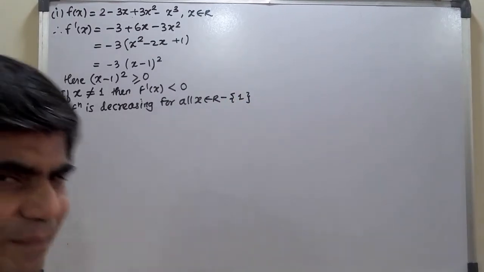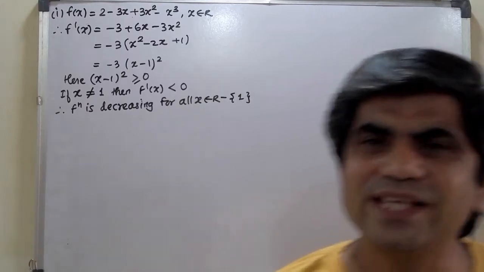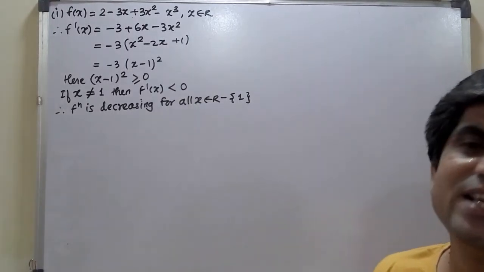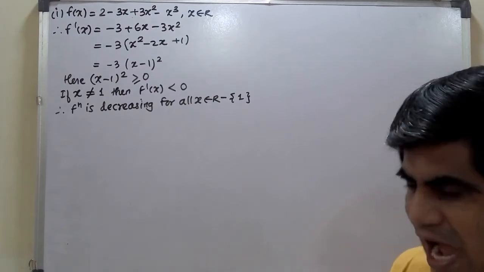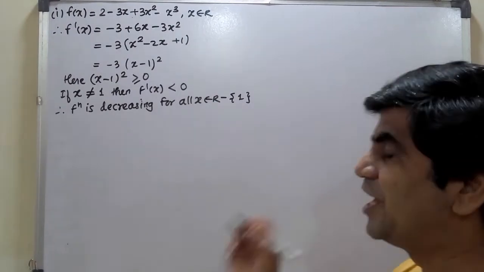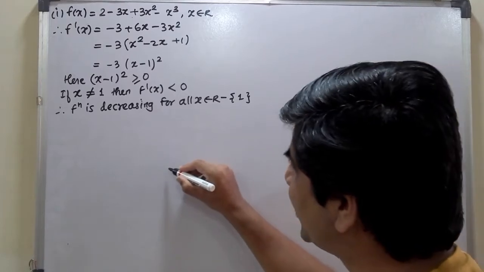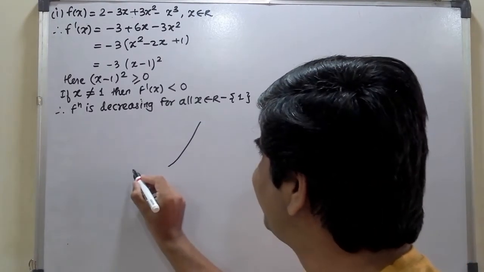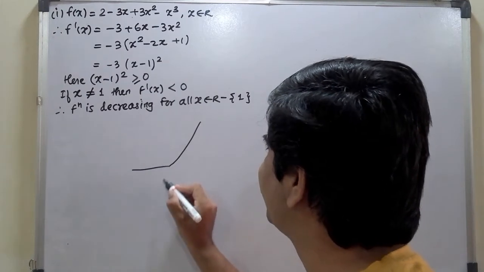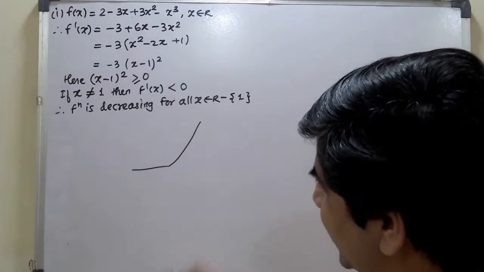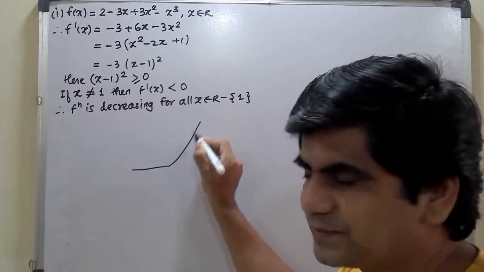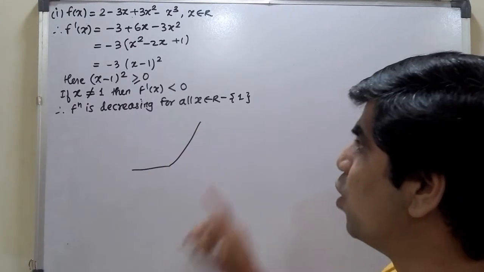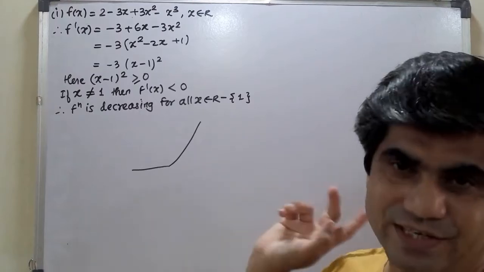But if you remember, we always say that after the function becomes increasing or decreasing, it attains a stationary point. If you remember the graph I showed you, suppose this is your decreasing function, and after this it attains a stationary point, where f dash x is 0, then too we call it decreasing, but we don't call it strictly decreasing.